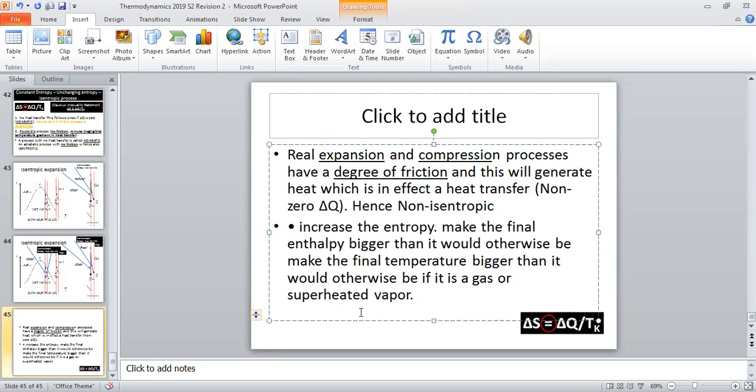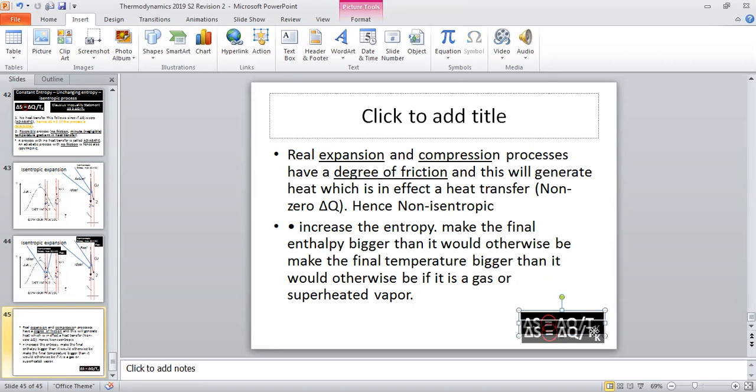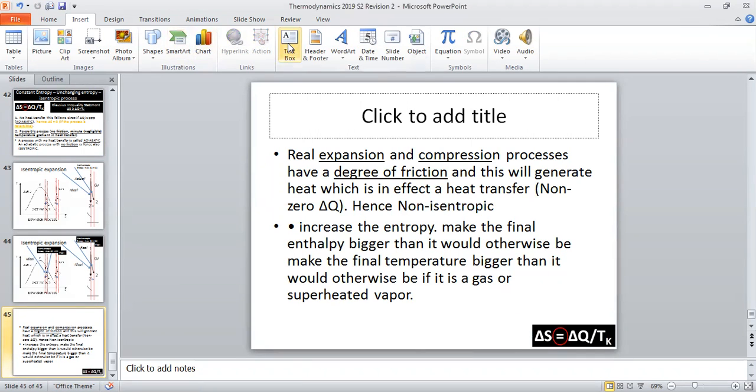That is the case. Not possible to have delta S equal to delta Q by T.